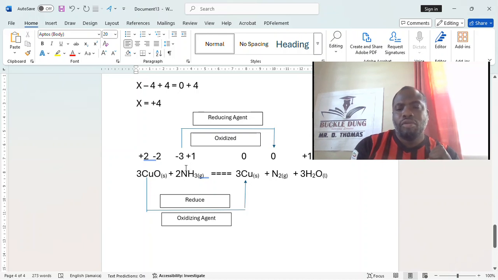In order for it to become the atom, it has to lose those 3 electrons. And we did say oxidation is the loss of electrons. So we can look at it in terms of that.